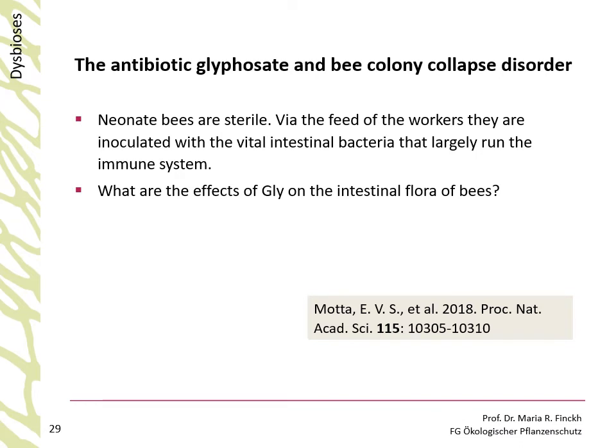That means that worker bees go out, feed, and then they basically regurgitate what they have eaten to the young bees to feed them. And with that, they inoculate the young bees with the intestinal bacteria that they have in their food and in their guts. And so the question was, what are the effects of glyphosate on the intestinal flora of bees?